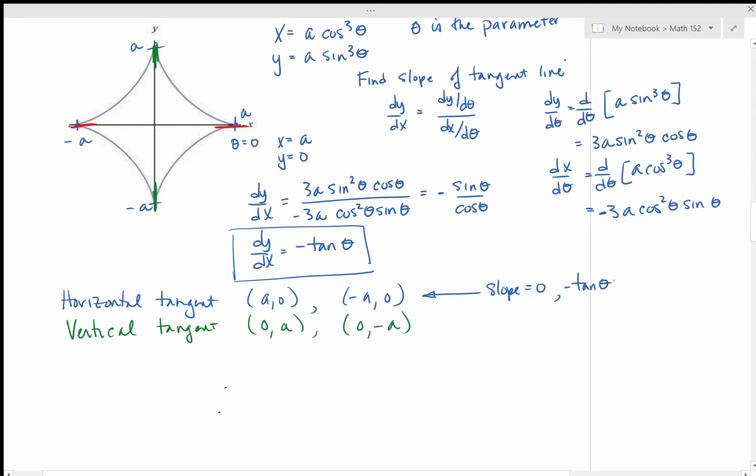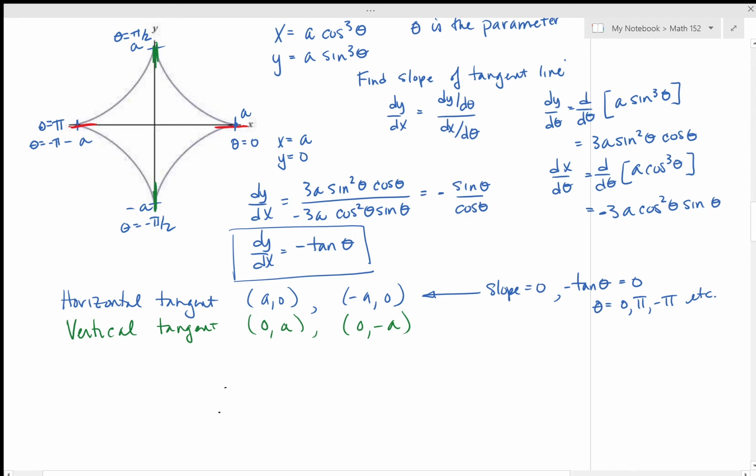We know what the slope of the tangent line is, and we're basically asking where the tangent of theta is equal to 0, and the tangent of theta is equal to 0 when theta is equal to 0, pi, minus pi, etc. There's a whole bunch of those, but over here theta is equal to pi, and for that matter theta is equal to minus pi here, and theta is equal to pi by 2 up here, and theta is equal to minus pi by 2 down here. Okay, so we have some values of theta there.